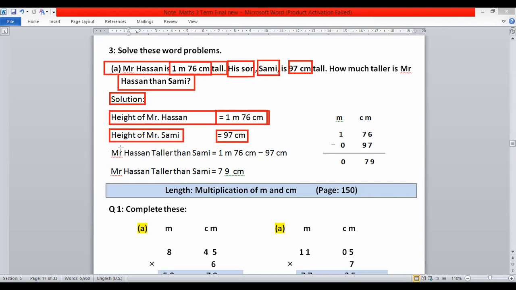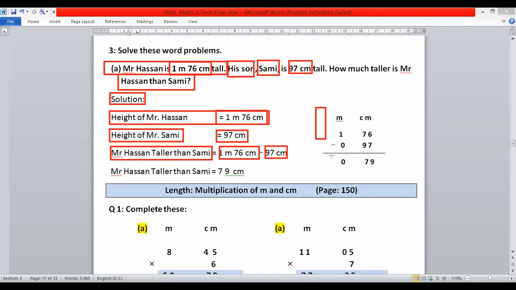So we have to subtract the height of Mr. Sami from Mr. Hassan. Mr. Hassan taller than Sami, meaning how much Mr. Hassan is taller? Just subtract 97 from 1 meter 76 centimeter. This minus this. So you know how to subtract meters and centimeters at the same time.